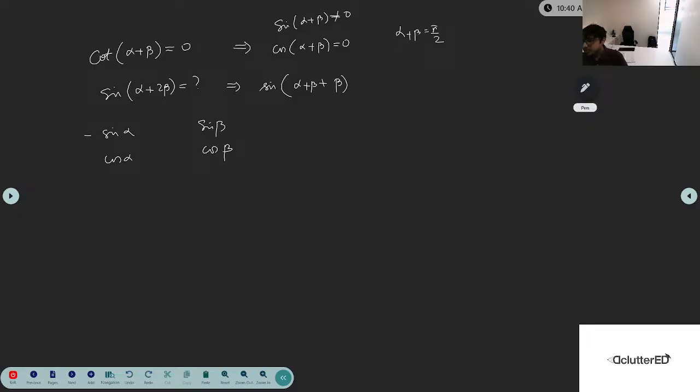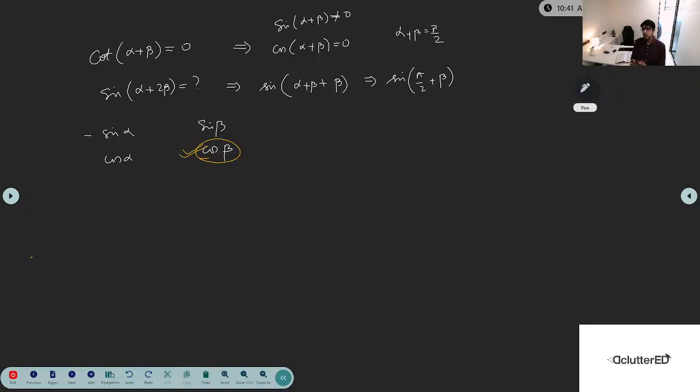So, the expression of sine of alpha plus 2 beta translates to sine of pi by 2 plus beta, and from transformation with complementary and supplementary angles, we know pi by 2 plus beta lies in the second quadrant where sine is positive, but since it's a complementary angle, it changes to cos, and the answer is cos beta.